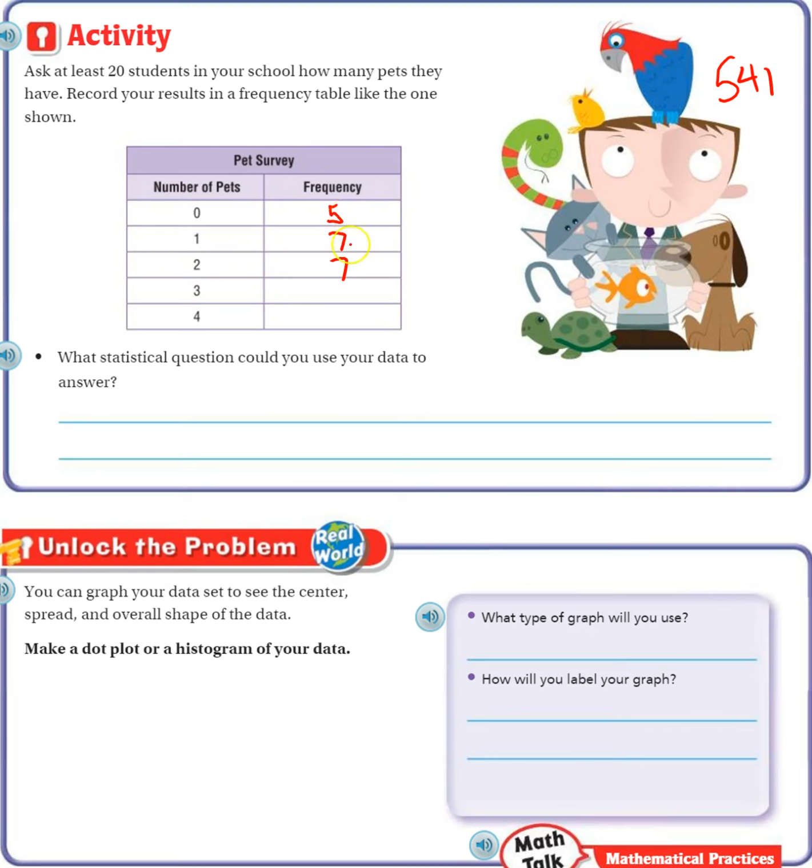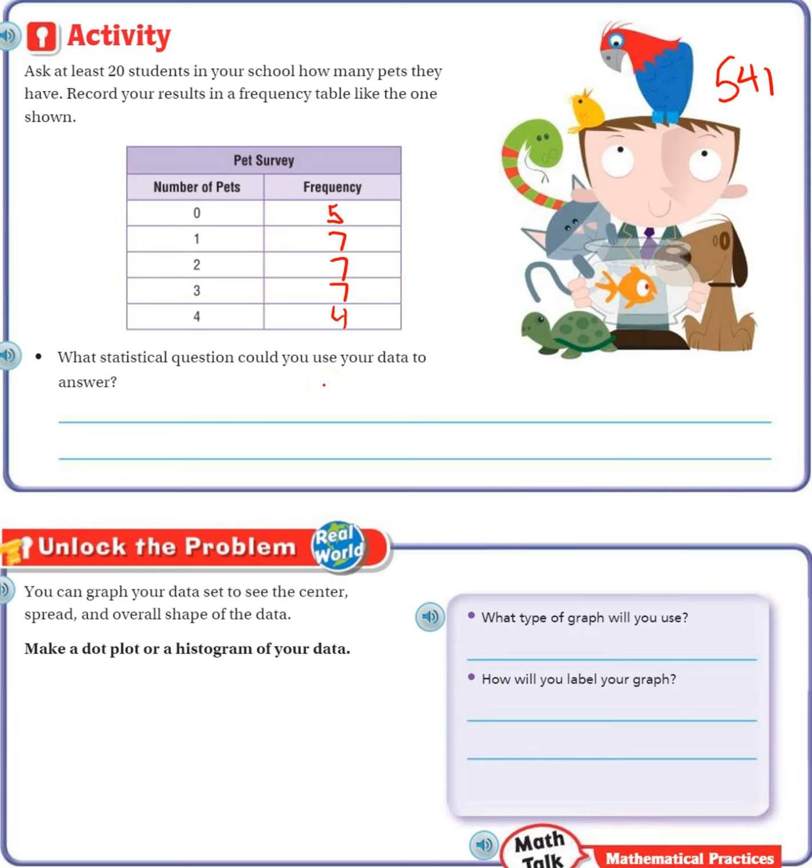So let's see, that's 14, 19. 7 students with 3 pets, and so that's 21, 26, 4 students with 4 pets. Okay, something like that.